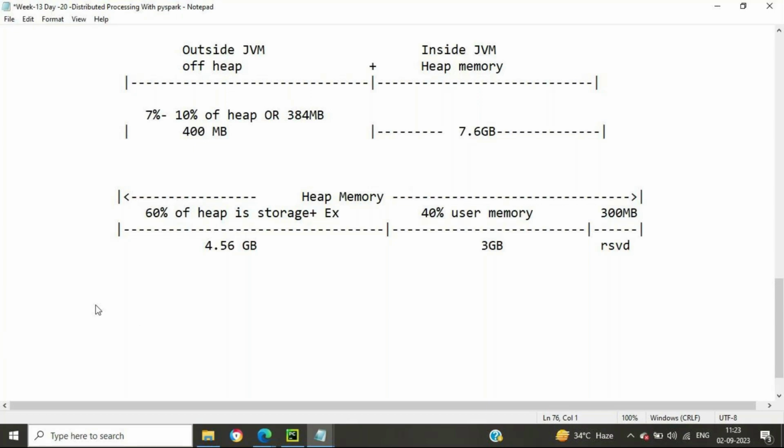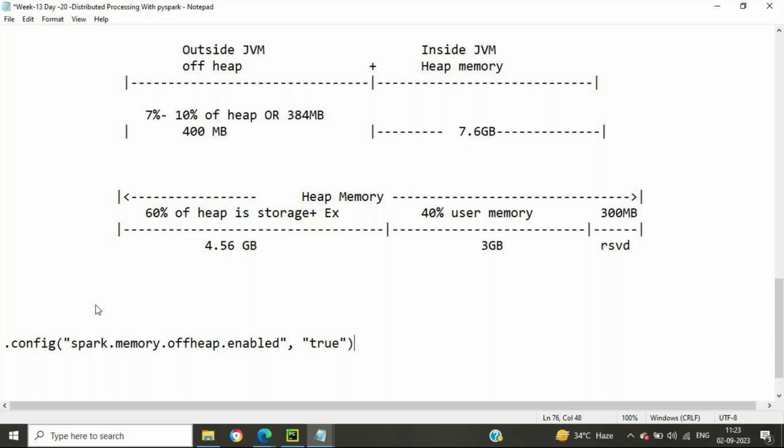We have certain configuration, config, and what I can mention is spark.memory.offheap.enabled, and it is true or false. I can mention it true. Okay, so this is one configuration.